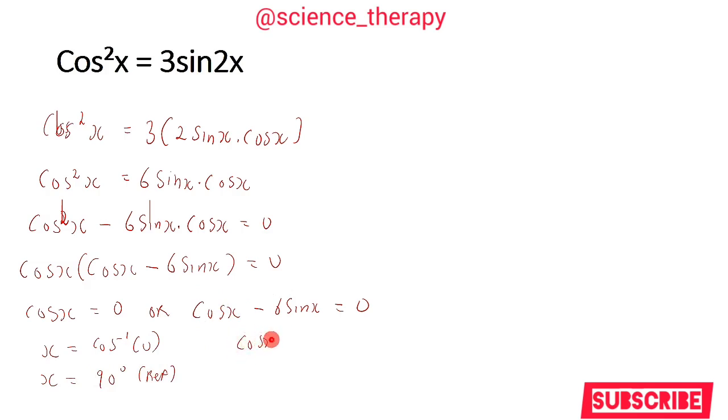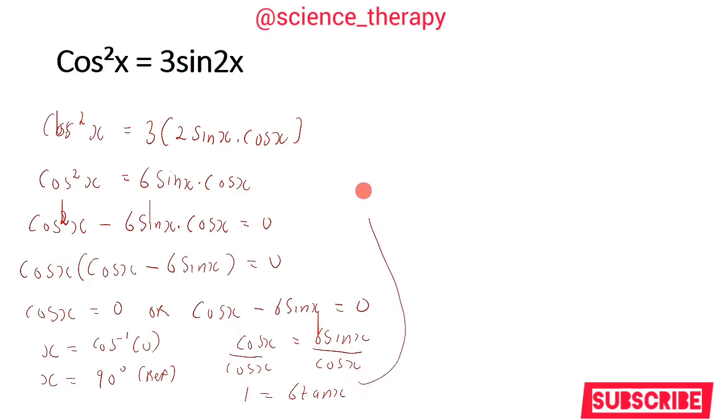So transposing this 6 sine x over to the other side, we can now see that if we divide both sides by cos x, we'll be creating a tan type. Because we have sine x over cos x, that will give us tan, and then cos x over cos x, that's 1, and then we have 6 tan x, right?